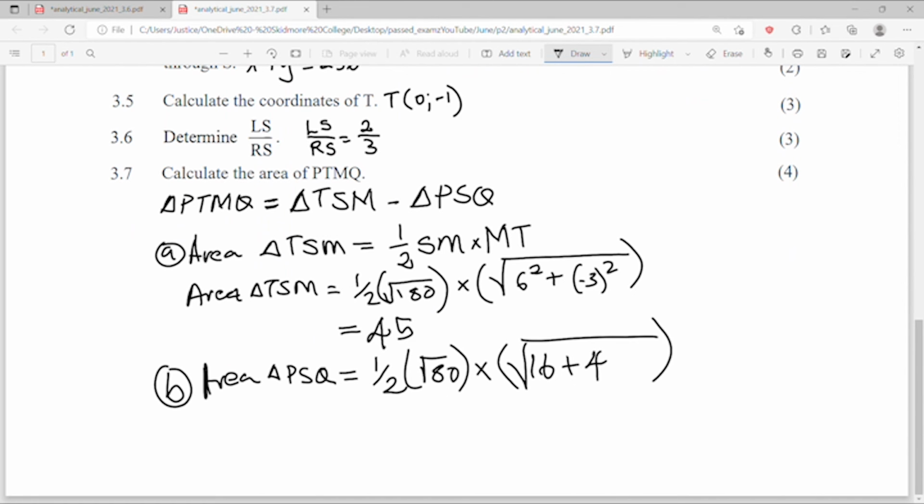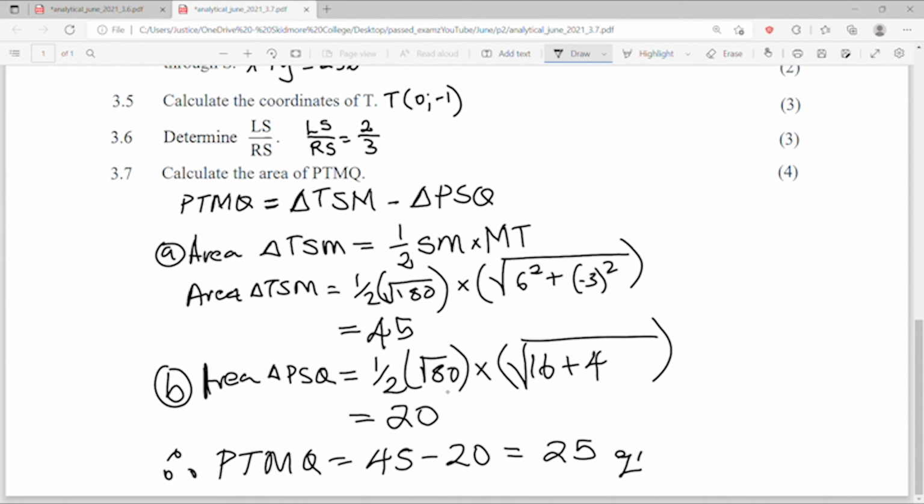This whole thing is going to be 20. So you're going to say, therefore, the area of PTMQ, it is not a triangle, is equal to 45 minus 20. That's going to give you 25 square units. We don't know the units, so we're just going to say square units.